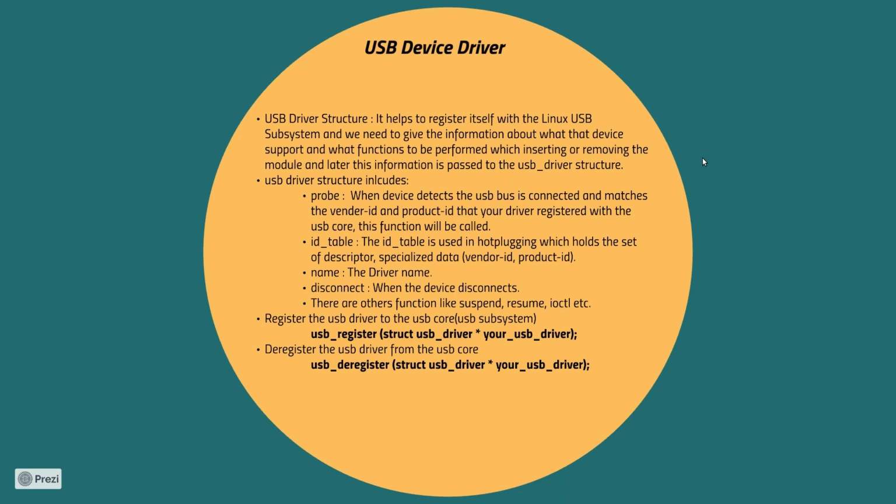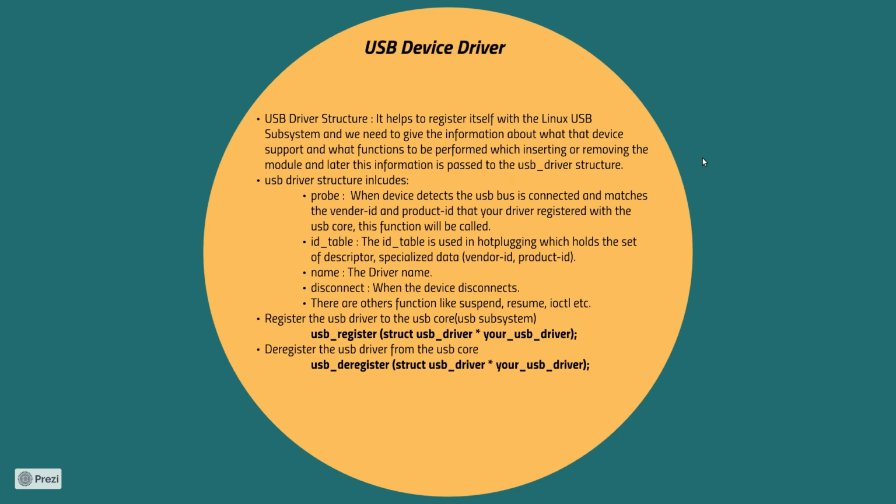There will be a file operations structure also, and a USB class driver structure, which will be used while invoking this driver, when you want to register the device and deregister it, or when you want to disconnect.